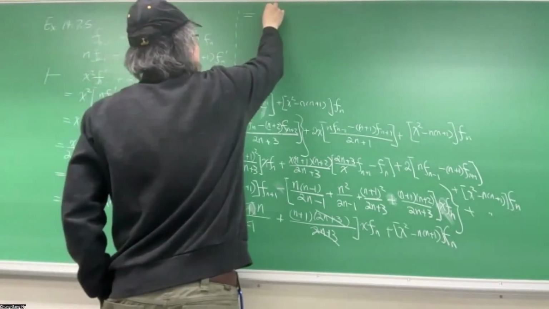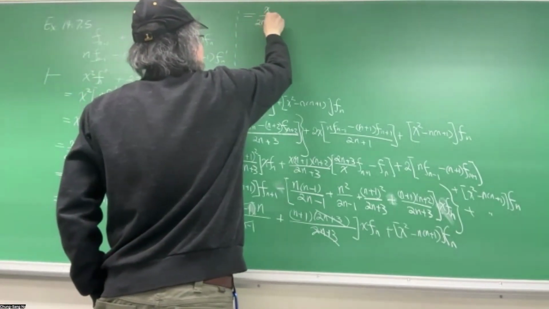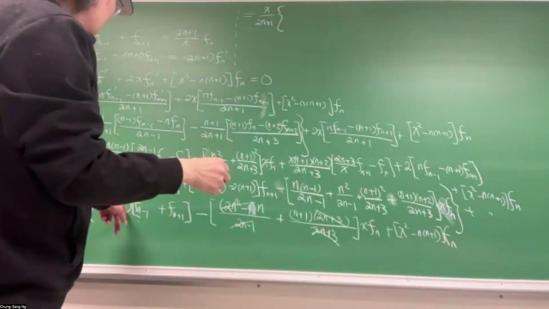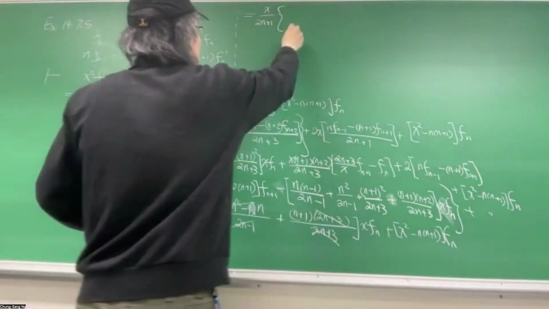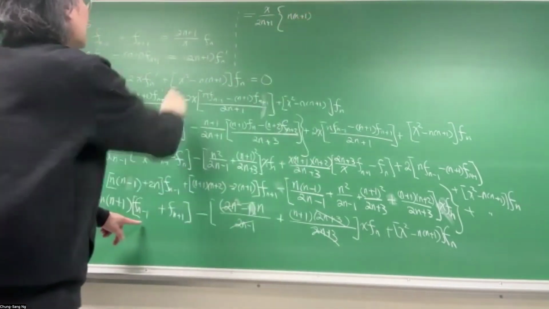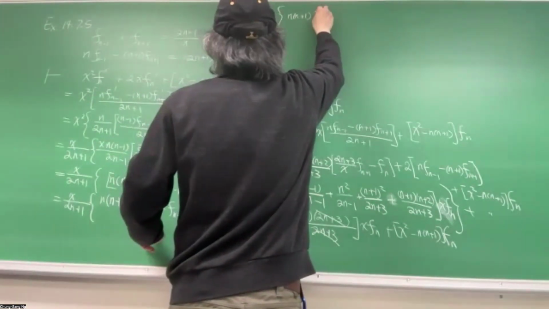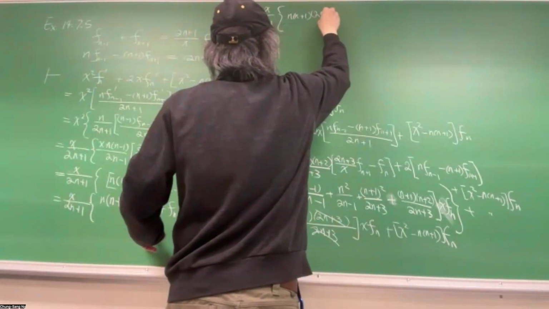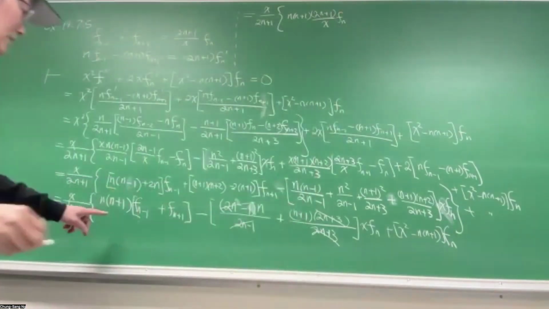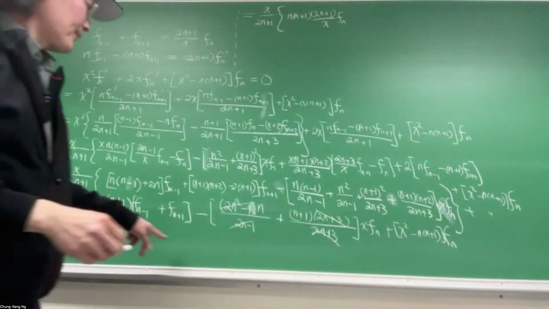So you have this one. And n times n plus 1. And then this one, just this one. 2n plus 1. Okay, of these two terms.